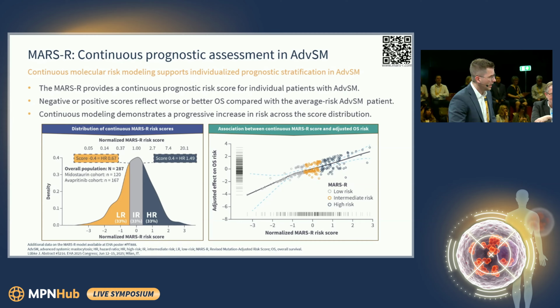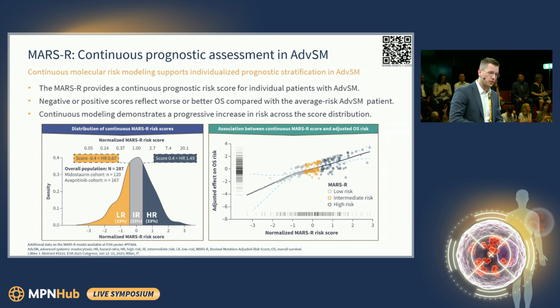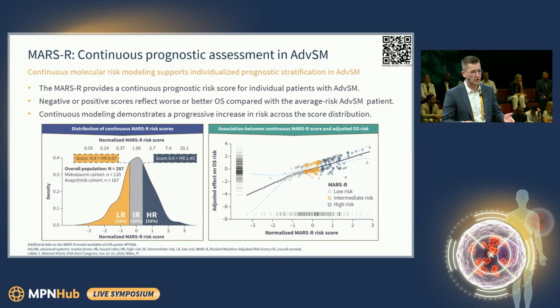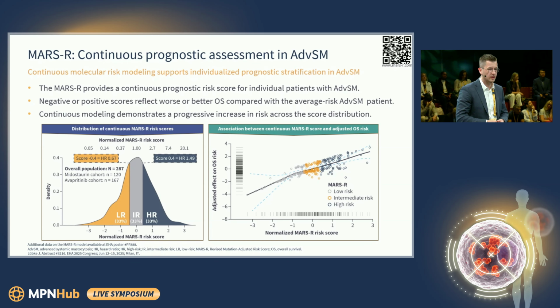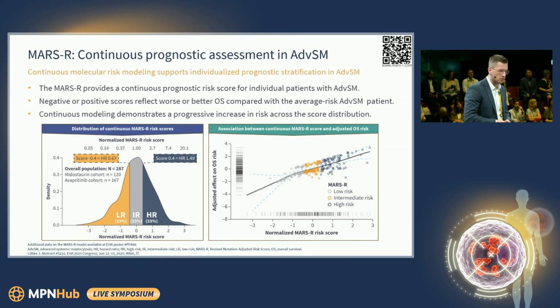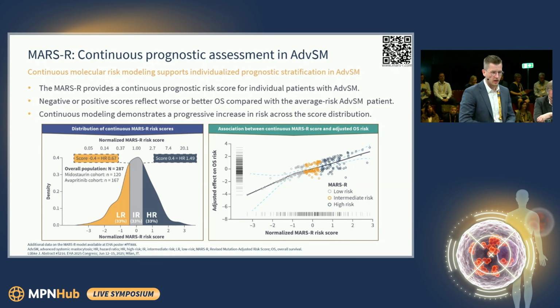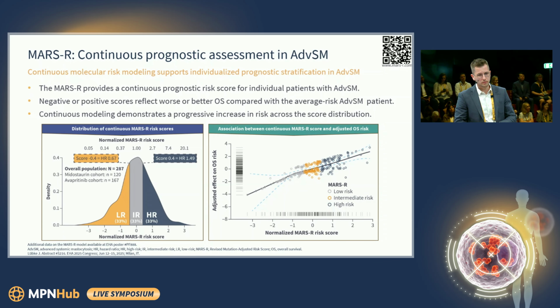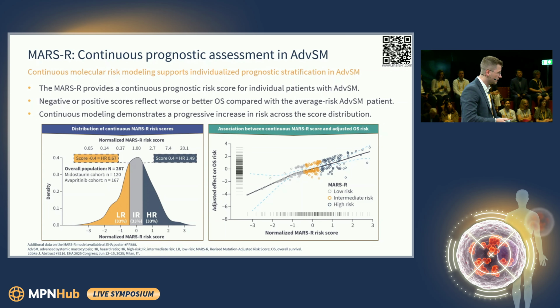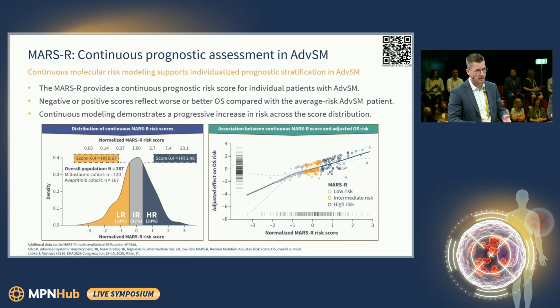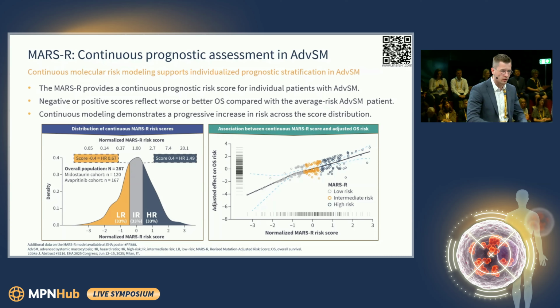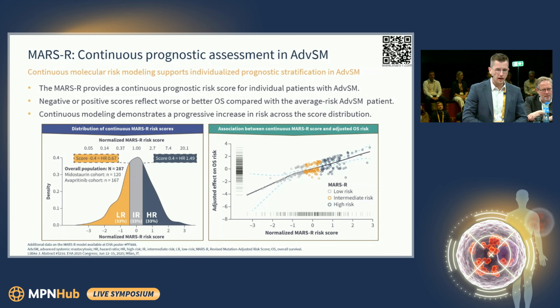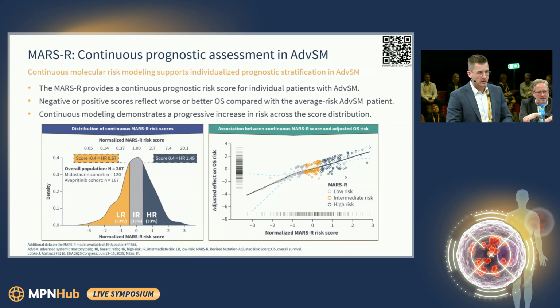And the MAS-R is directly interpretable because negative or positive scores reflect worse or better overall survival in comparison with the average risk advanced SM patients. And what you can see on the right side is that this continuous modeling not only differentiates the prognosis between different risk categories, between low risk, intermediate, and high risk, but also within one risk category.